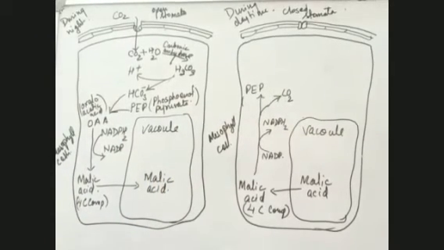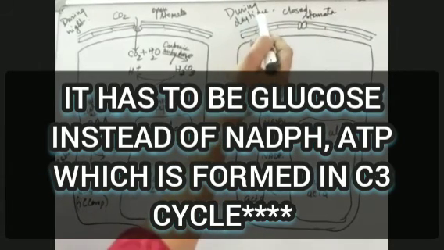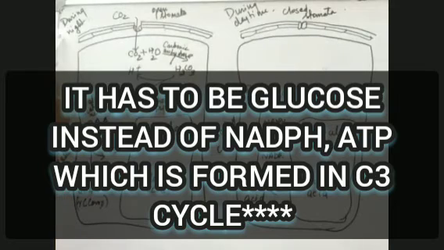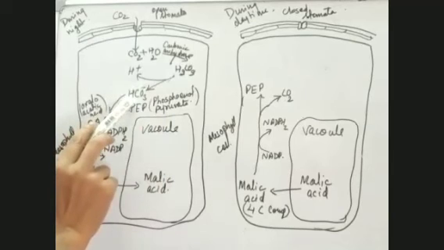Now, why is this formation of phosphoenol pyruvate very important? This formation of PEP is very important because it is always required. See, after daytime, night will again come, and at night when CO2 comes in, PEP is required, because CO2 will form carbonic acid, and then bicarbonate ion.